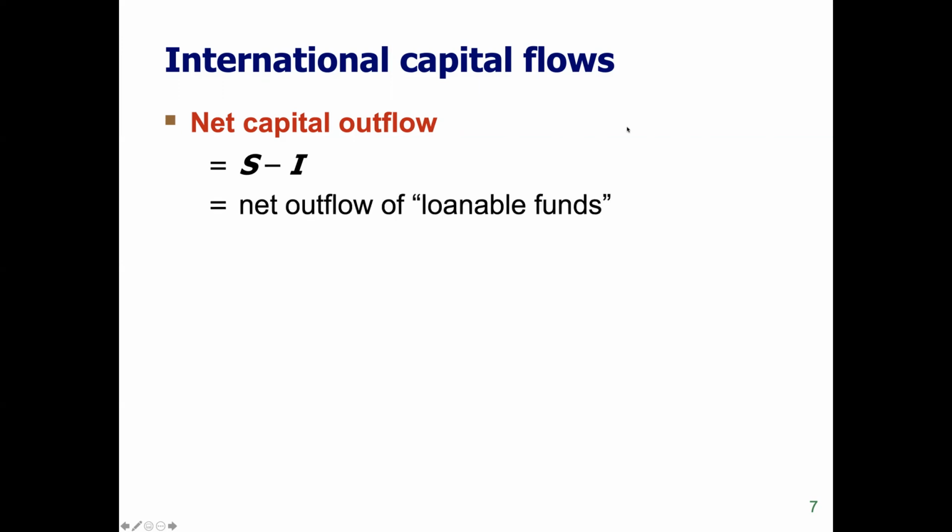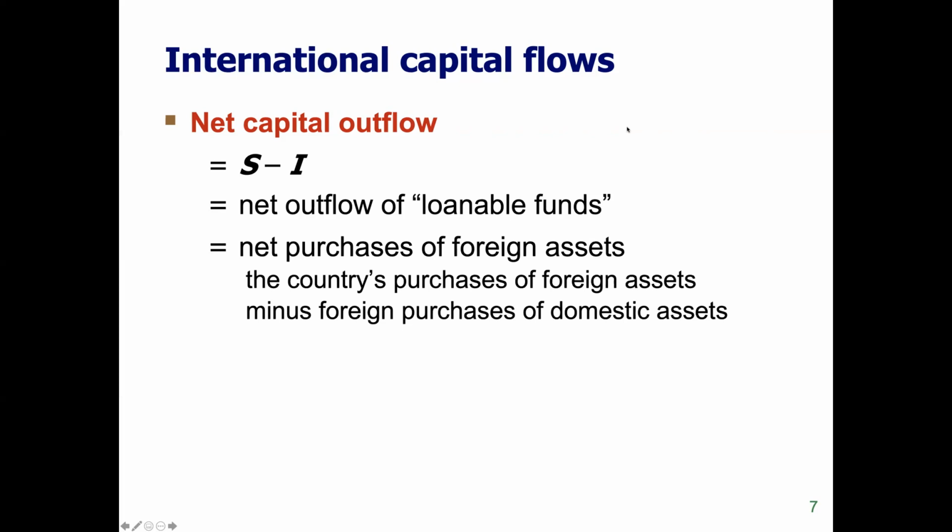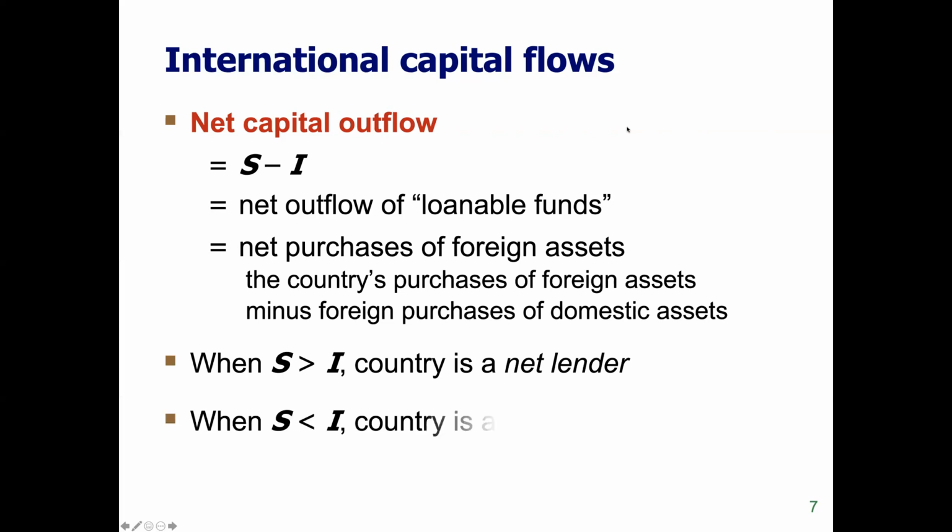So saving minus investment is the net outflow of loanable funds. It's also equal to the net purchases of foreign assets. By net, I mean the country's purchases of foreign assets minus foreign purchases of domestic assets. When saving is greater than investment, a country is a net lender in terms of at least the new flows. When saving is less than investment, a country is a net borrower.